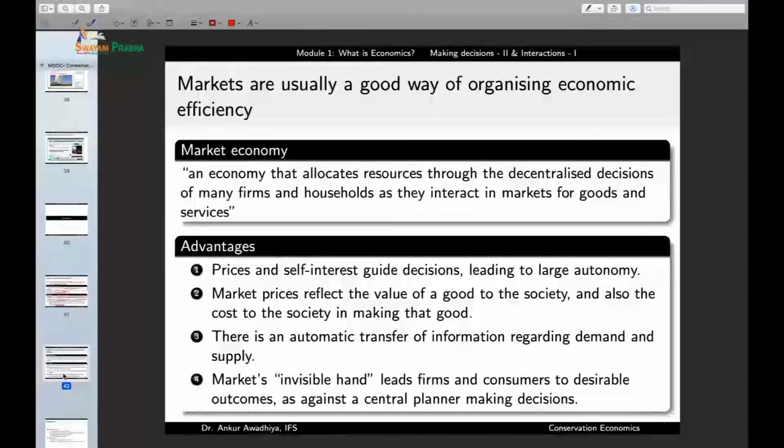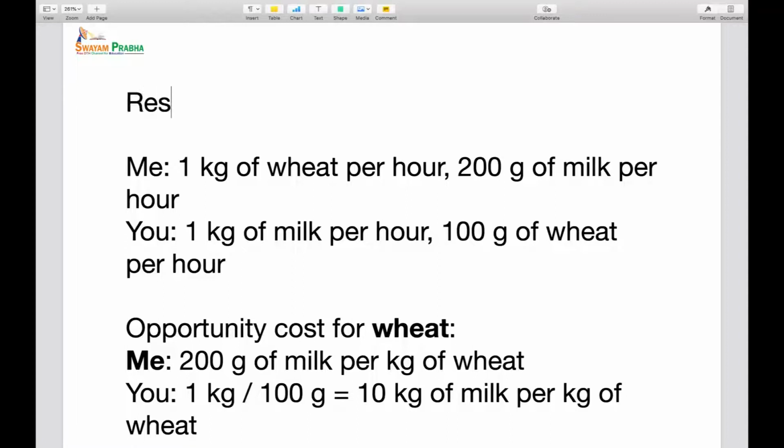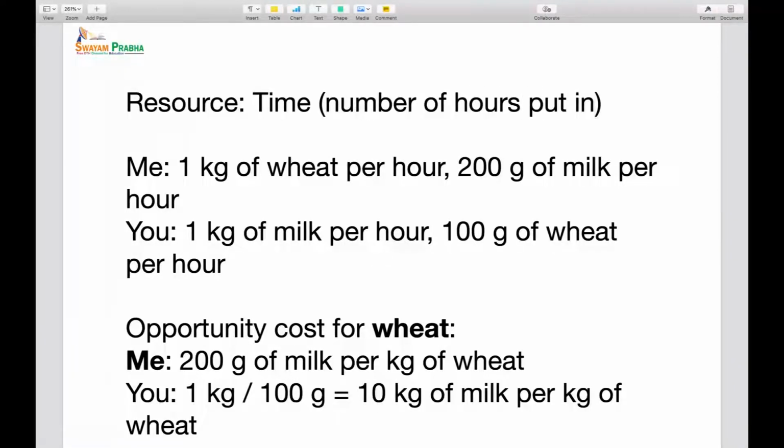Market economy is an economy that allocates the resources through decentralized decisions of many firms and households as they interact in the market for goods and services. What is a market economy? It is an economy that allocates resources. In this example, the resource that was available is time, or the number of hours that are put in.